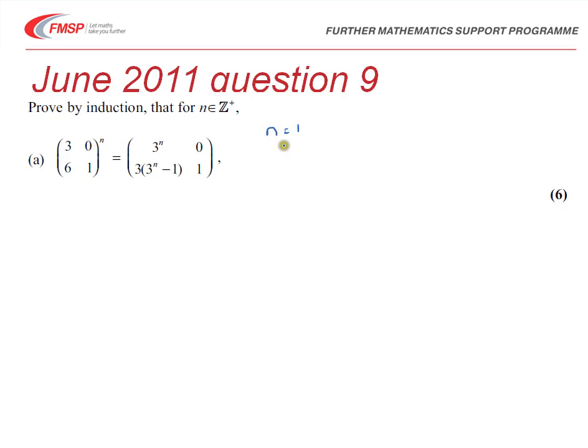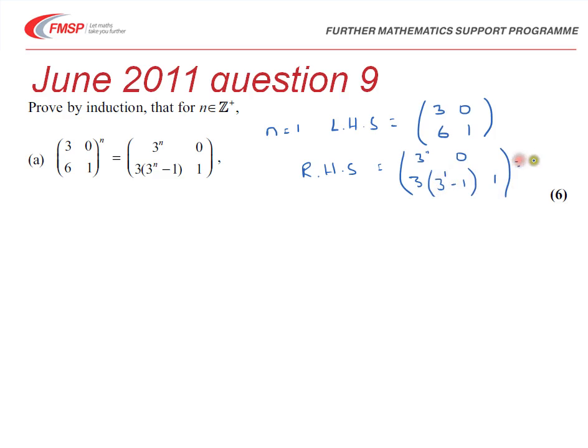then obviously the left hand side of that statement there is a matrix 3, 0, 6, 1, and the right hand side is equal to 3 to the power 1, 0, 3 times 3 to the power 1 minus 1 and 1, which of course is equal to 3, 0, 6, 1.